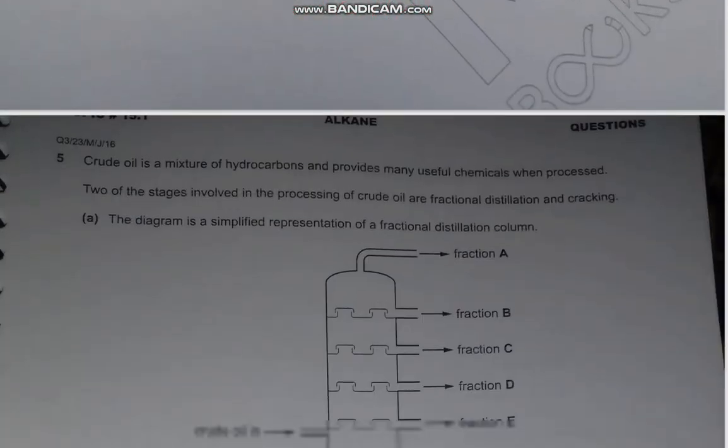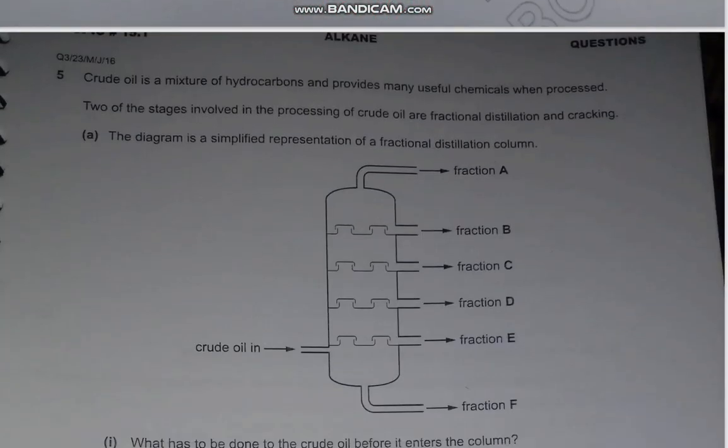So the next question is question number 5. Crude oil is a mixture of hydrocarbons and provides many useful chemicals when processed. Two of the stages involved in the processing of crude oil are fractional distillation and cracking. The diagram is a simplified representation of a fractional distillation column, with fractions A, B, C, D, E, F and crude oil.